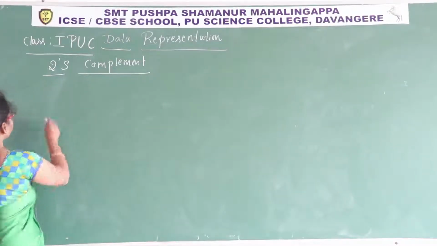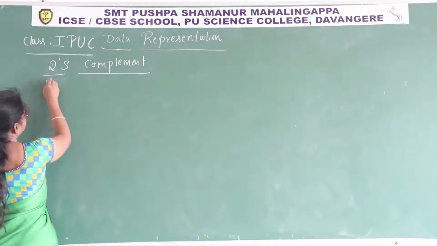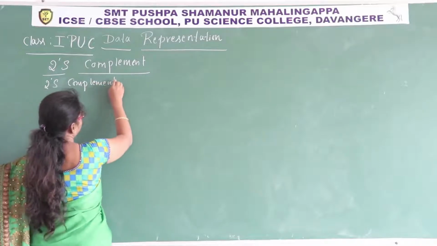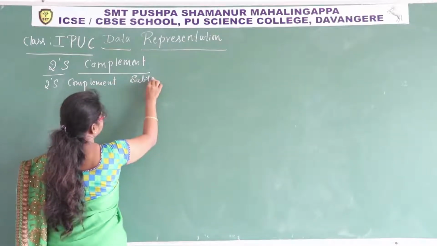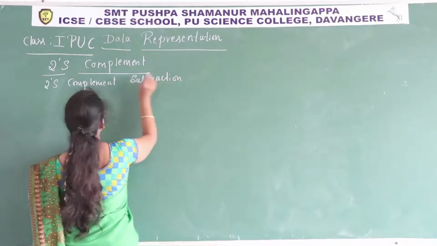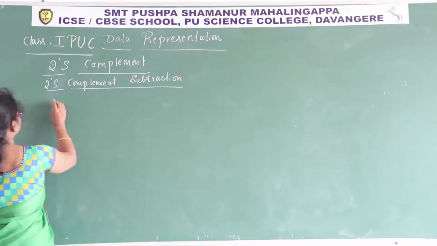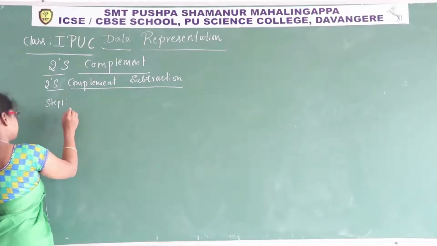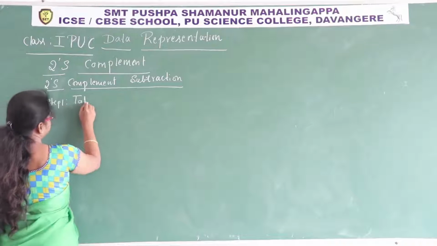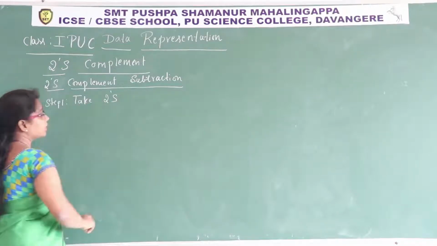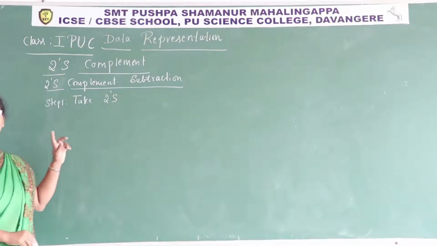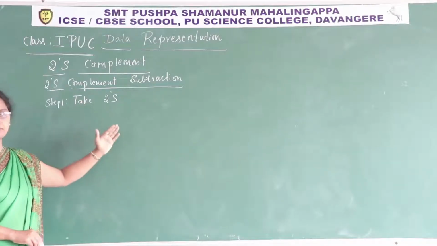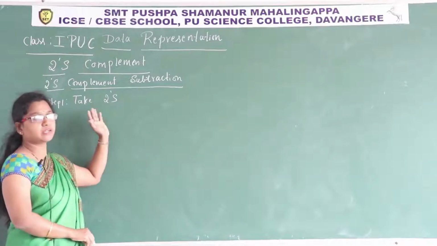Here also, two's complement subtraction. Step 1, take two's complement instead of ones complement. There we used ones complement subtraction. Here two's complement. So the method is same, but the only difference is there I took ones complement.